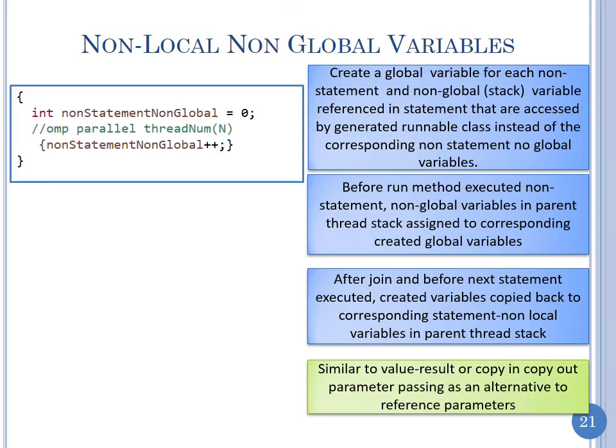The original variables are substituted by the global variables in the statement that is in the parallelized class. And the parallelized class accesses those substituted variables, and then we copy the values back. Okay, which is what happens in copy in and copy out parameter passing, for those of you who do know that. Okay. So that's the idea.